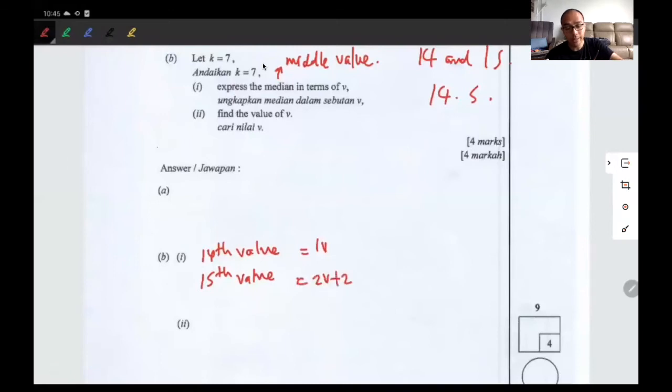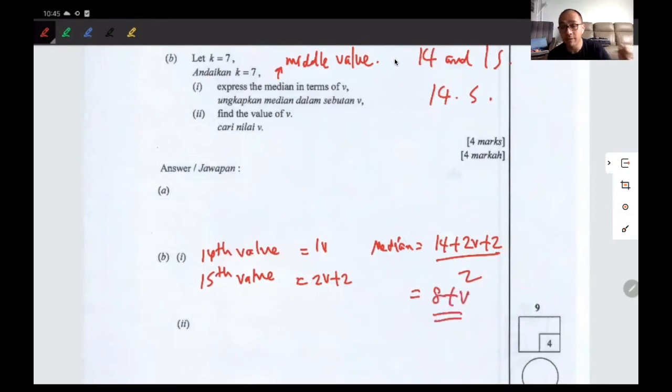So the median is antara 2, between 6 and 2V plus 2. So it's 6 plus 2V plus 2 divided by 2. How we will count the median normally lah. We have one and then plus the other one, then divide by 2 in the center. So this will give you 6 plus 2 is 8, 8 plus 2V divided by 2, which is 4 plus V. That's my final answer.